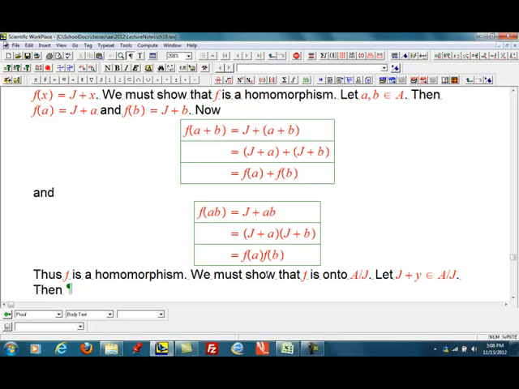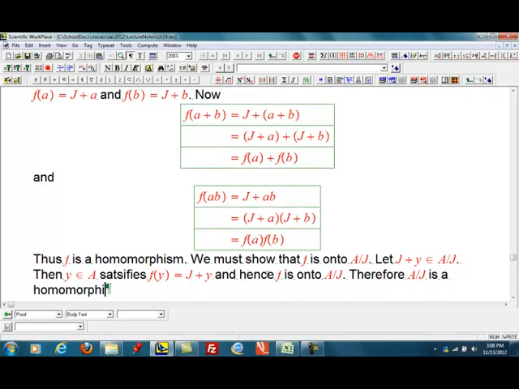Then Y in A satisfies F of Y is equal to J plus Y, and hence F is onto A mod J. What's your conclusion? Therefore, A mod J is a homomorphic image of A.